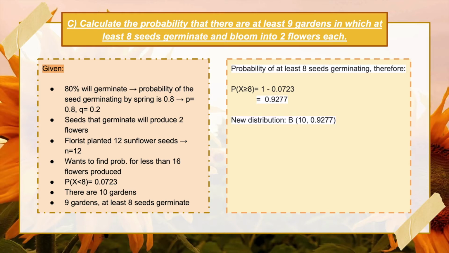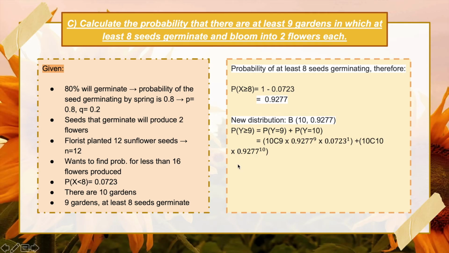This way we can write a new distribution which is binomial 10, 0.9277. Since we know that the new n, number of gardens, is 10, y, the number of gardens that has at least 8 seeds germinate, is then 9 and 10.